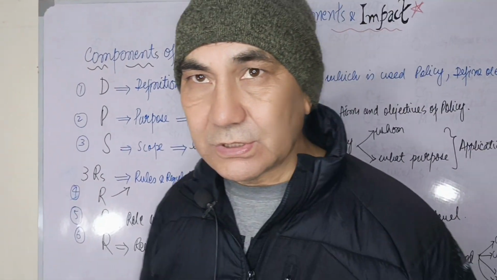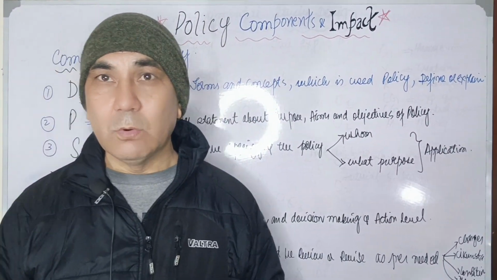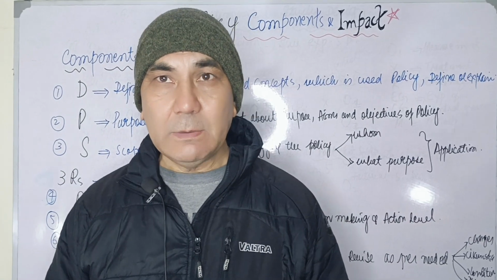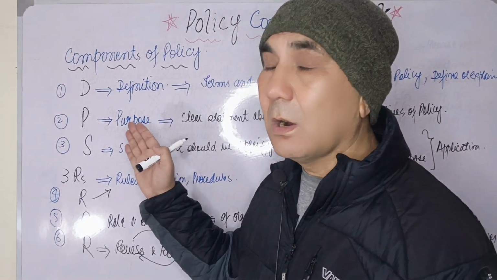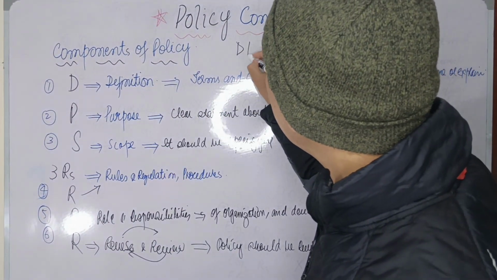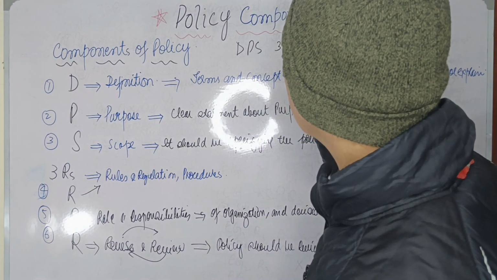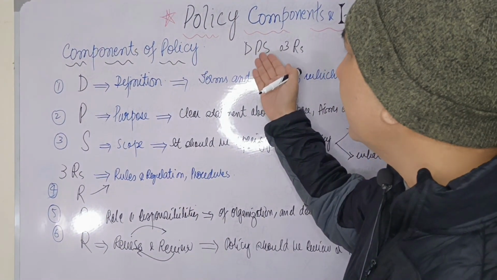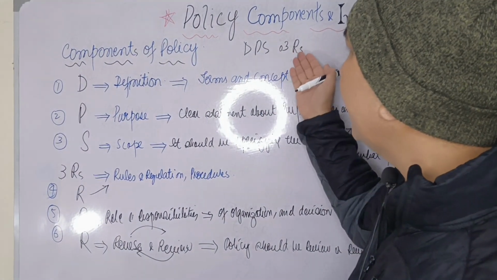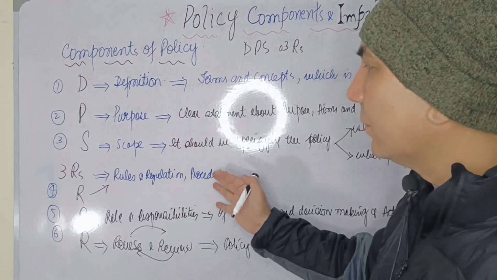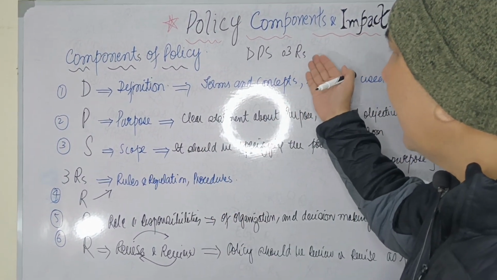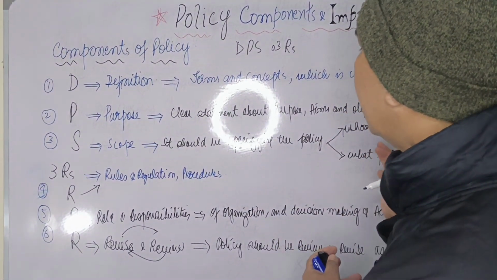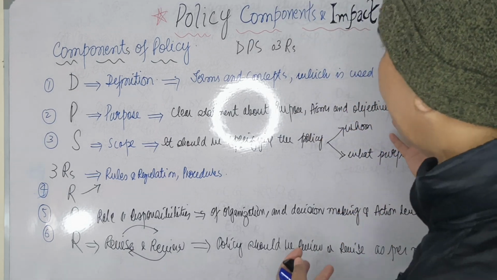So in today's lecture, the first part, we covered the six components of the policy. To remember them, you should always keep DPS and 3 R's. D for the definitions, P for the purpose, and S for the scope. The first R is for the rules, regulations and procedures, and the second R is for the roles and responsibility of each stakeholder within the policy at the decision making level or the action level.